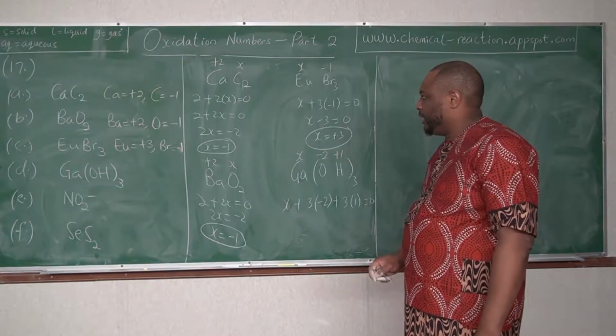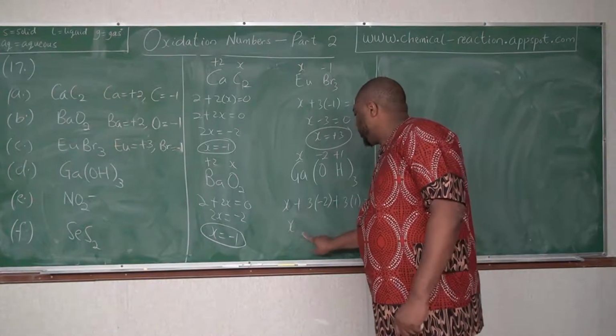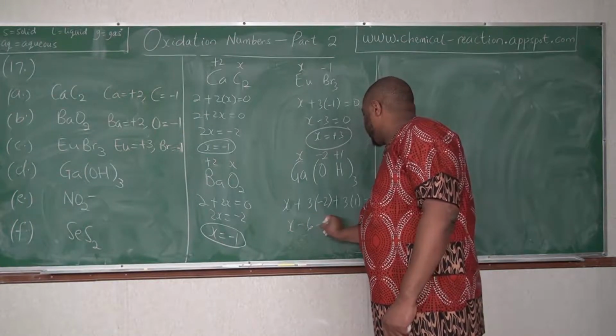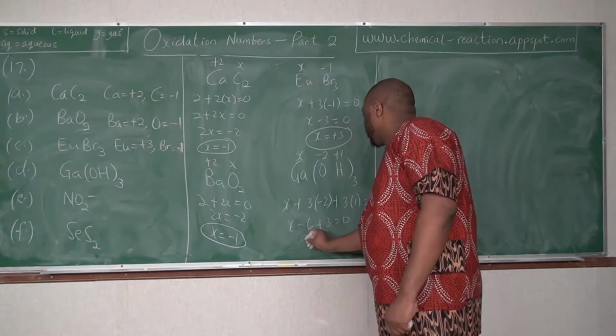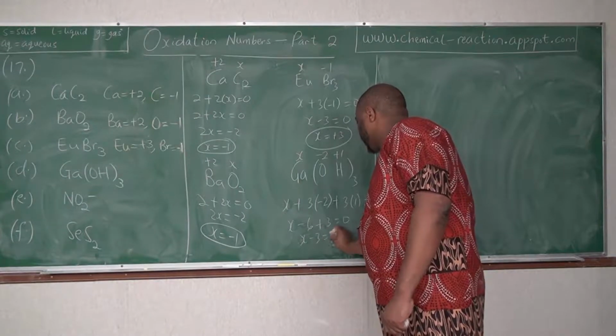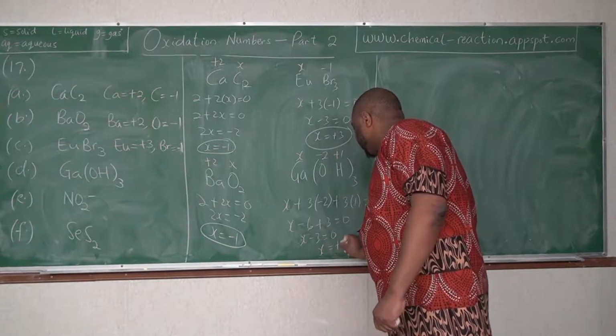X minus 6 plus 3 equal to 0. So X minus 3 is 0. X is equal to plus 3.